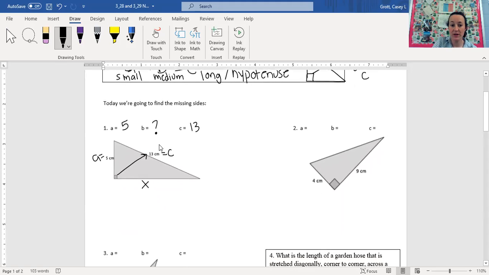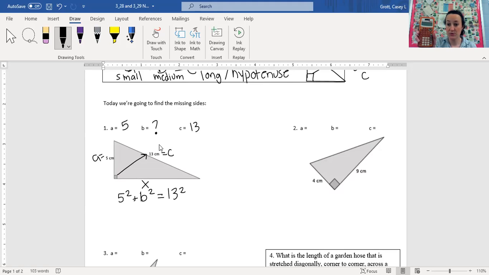So now that I know what A, B, and C are, we are going to go ahead and substitute in. So I have 5 squared plus b squared, or you can use x, it is up to you, is equal to c, which is 13 squared. Okay, just substituting those numbers in.